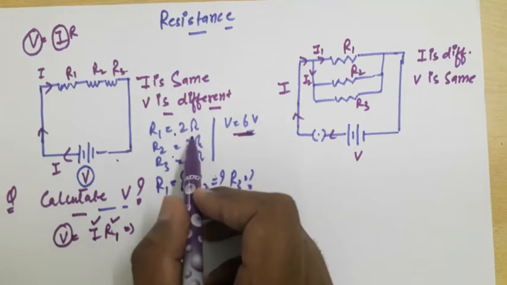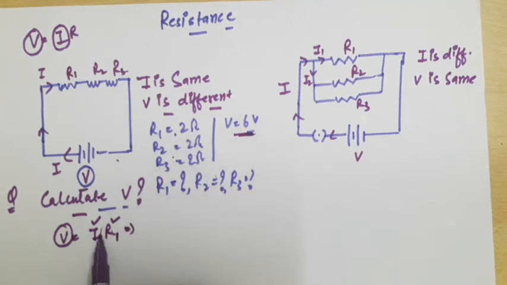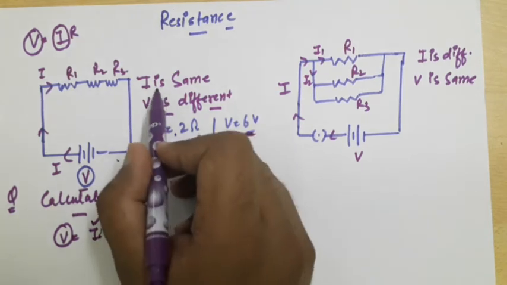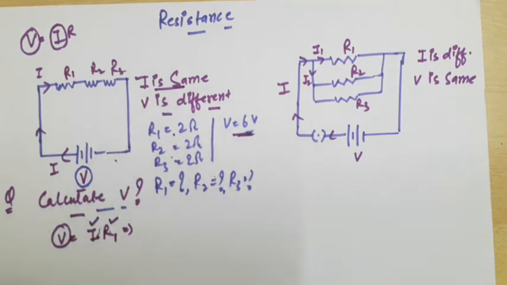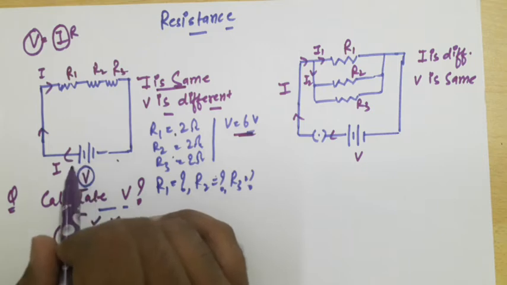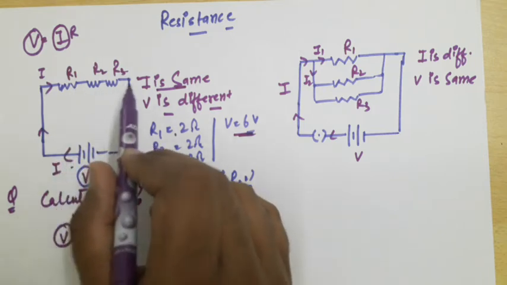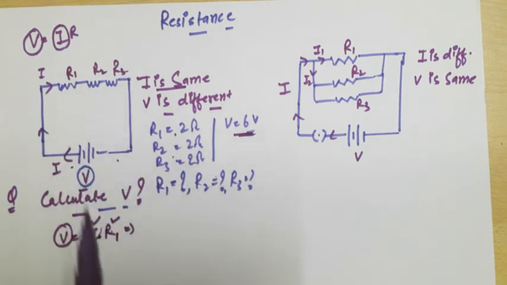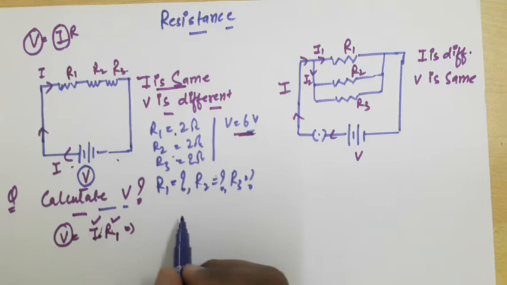R1 I know, that is 2, but I don't know I. Here I is the same for the whole circuit and for R1, R2 and R3, so I must first find I.